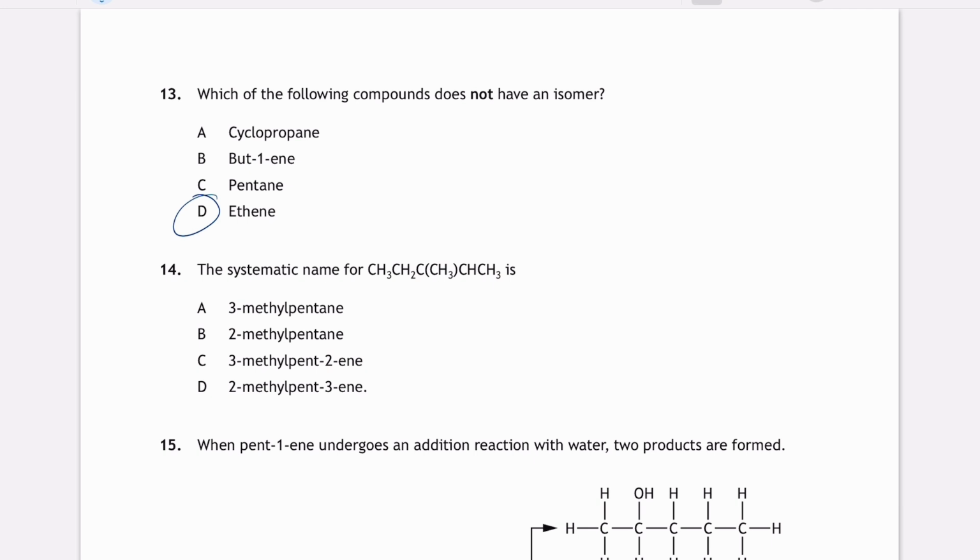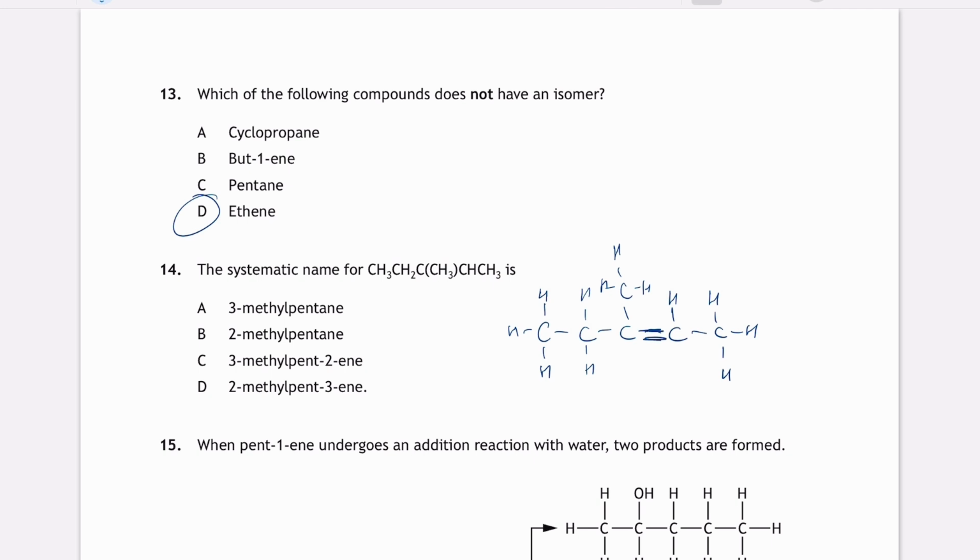For the systematic name one, it's probably a good idea to draw out fully, because sometimes there's some bits in the structure that can be missed from the shortened structural formula that you've given in the question here. So just expand out all the carbons with what you're told is on them, and hopefully you'll then see that there's a gap here. So these 2 carbons need to make 1 more bond, so there's actually a double bond in there.